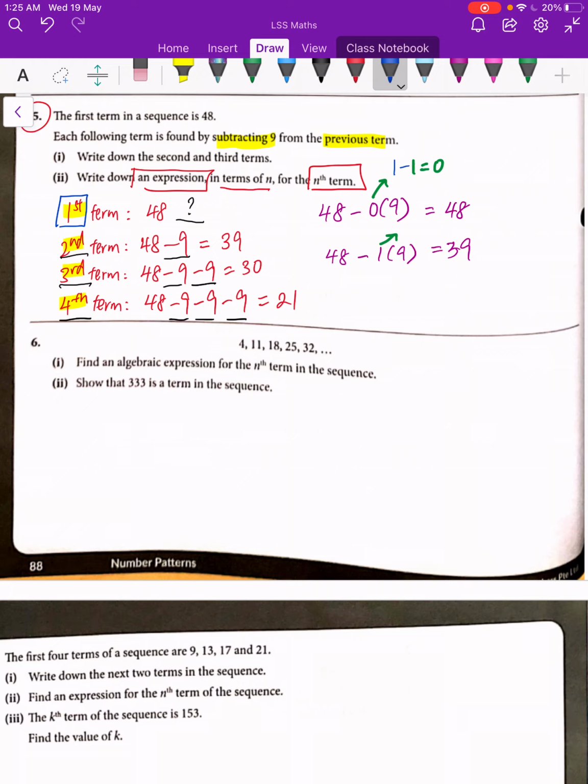I take the position of the term, which is 2, minus 1, so I get 1. And for the third term, 48 minus 2 times 9, because there are 2 sets of 9, gives me 30. For this 2 over here, how do I get this 2? I take the position of the term, which is 3, minus 1.